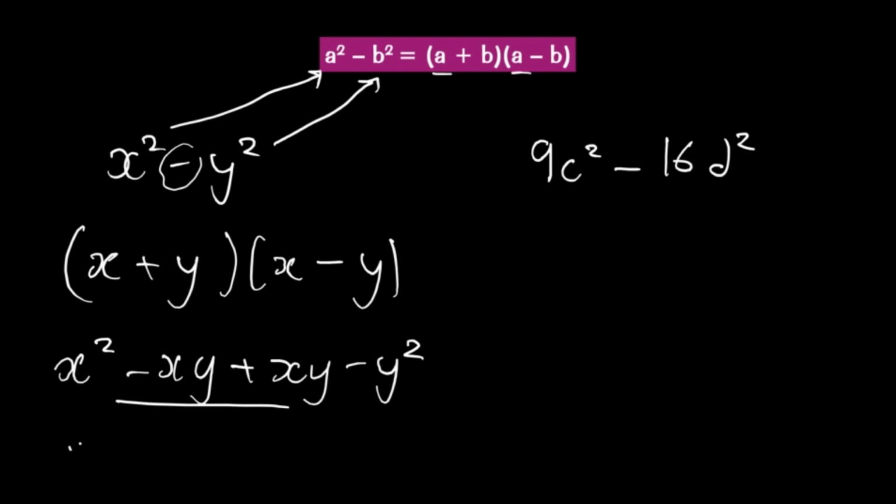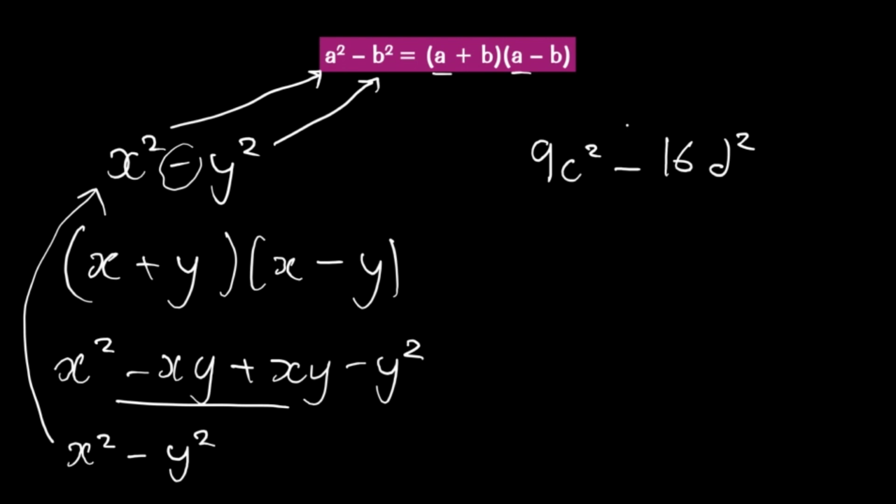Collect the like terms, so x squared minus y squared, which is the same as the question, so it's correct. Like with any factorization question, just expand the brackets and see if you get the same answer as the question.